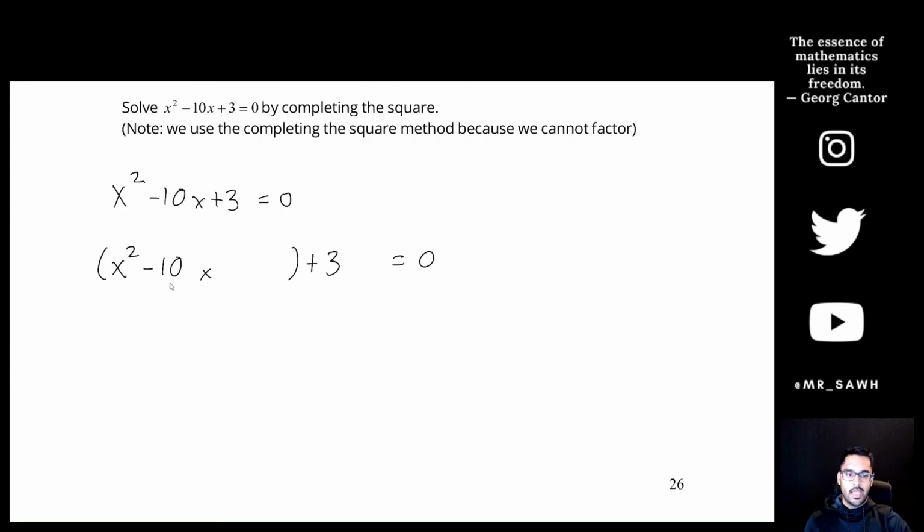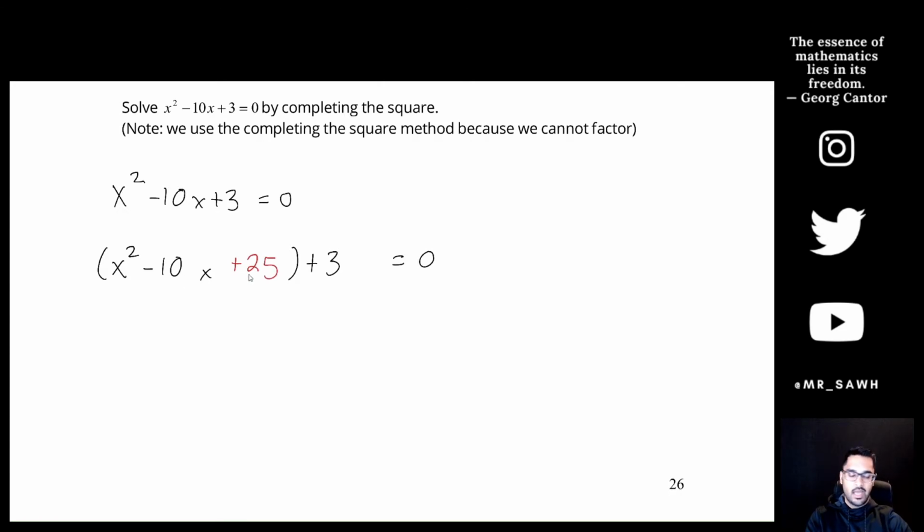Now, if I've got 10 x's, and I want to figure out what perfect square number goes here, there's a shortcut we can use where you take the middle term, divide it by 2, and then square it. So if I take my 10 divided by 2, I get 5. I'm going to add 25 as the constant.